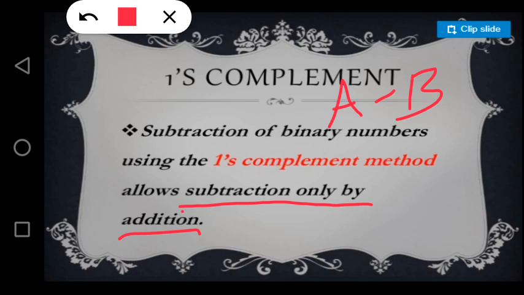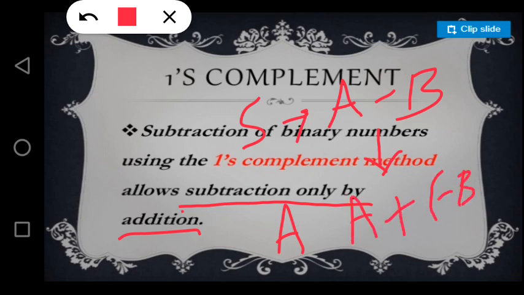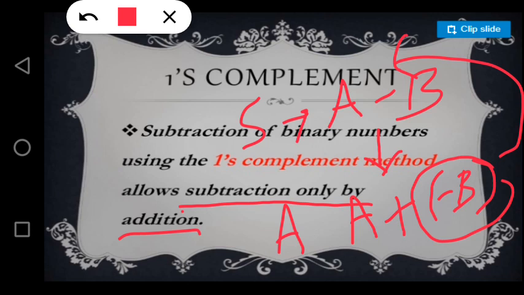So just now I discussed it. Using the 1's complement method, I can convert this subtraction into addition. How? I can write a minus b as a plus of minus b. If I represent minus b in the 1's complement method, it just becomes an addition.